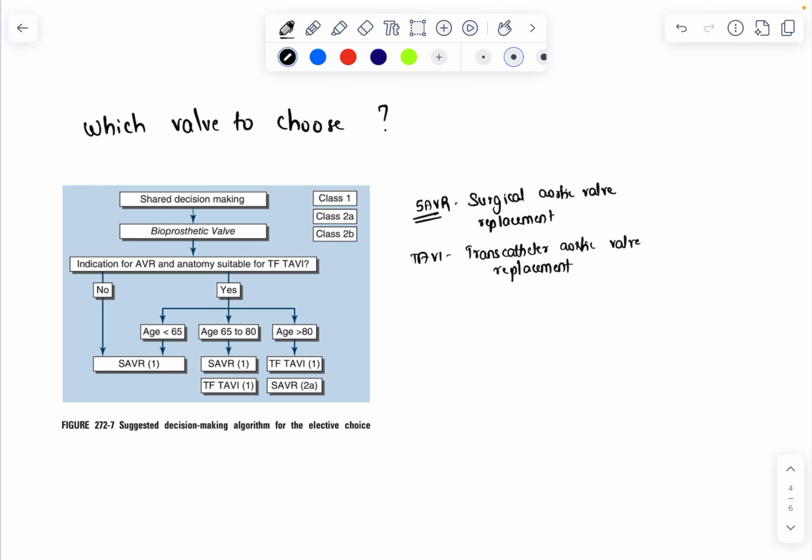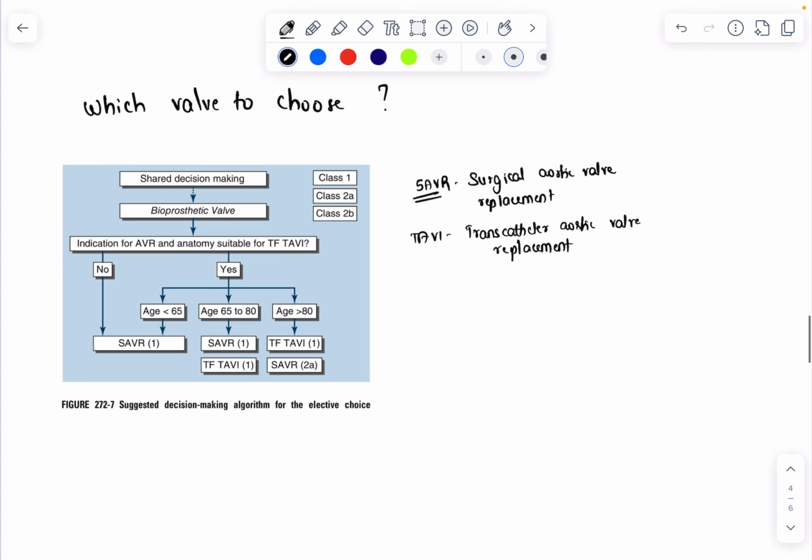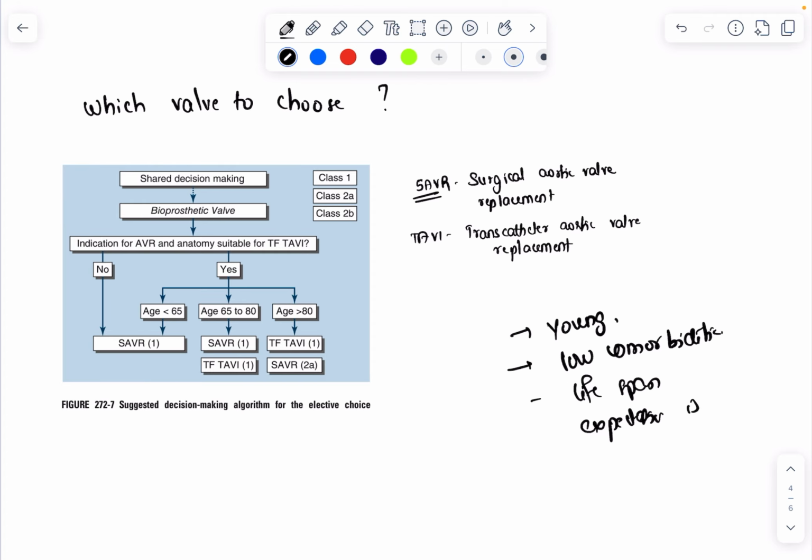The only thing you should remember is, if the patient is young and has low comorbidities, and if the life expectancy is high, then we will prefer surgical aortic valve replacement. This is the thing that we have to follow for any patient that is asked in the examination. So forget all this.